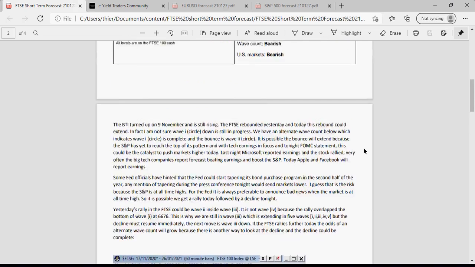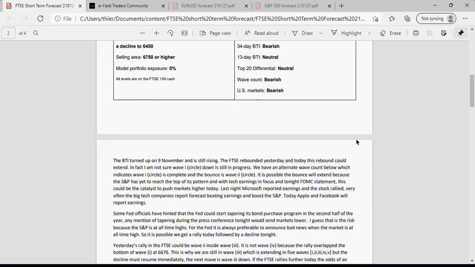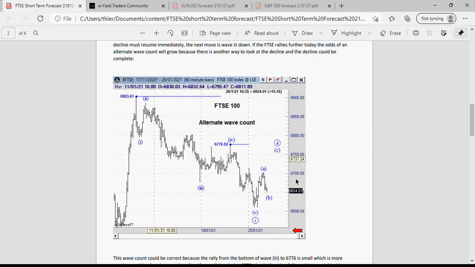So the first scenario is we go down without a rebound, which is like wave 1 going down to 6,400. And the second scenario is we go down also, but first it rallies to 6,750, and from that level it goes down again. So that's why, when you see that report, my short-term forecast, now you understand that maybe it's not a good idea to go long on the idea this morning.